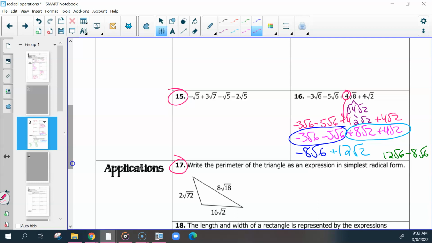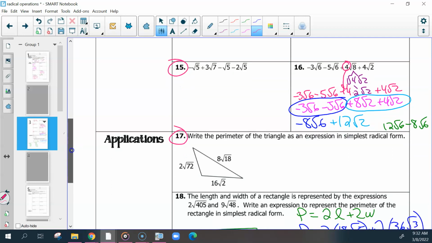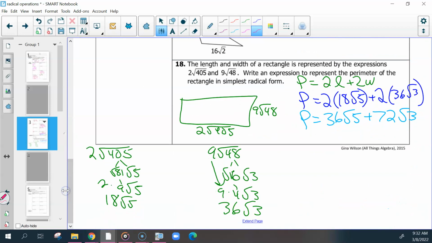So 2, 8, 11, 14, 15, 17. Work through those 6 in the next 10 to, I'll say 15 minutes, and then we'll go through those. It may not take that long, but we'll try.